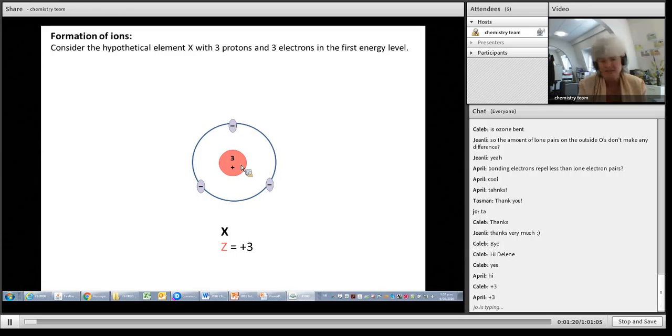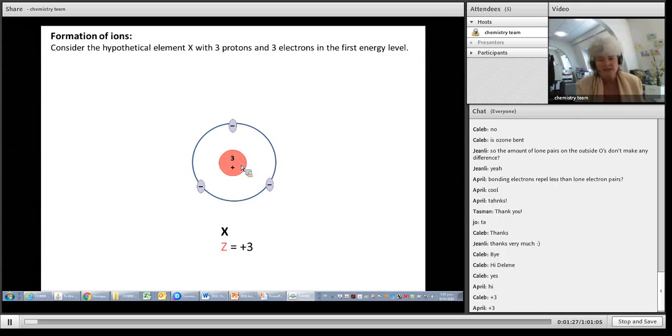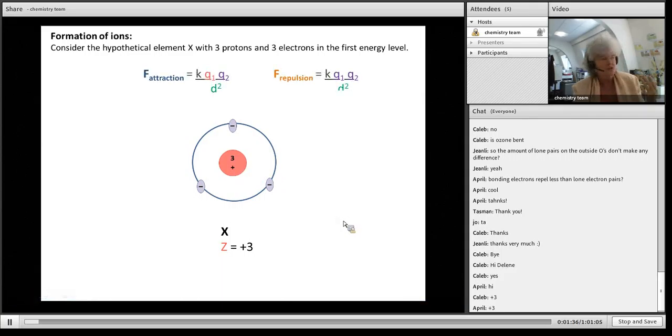plus 3, correct. And because I don't have any inner energy levels, there's no shielding, so that is the charge in the nucleus which is going to be attracting my electrons. So what I've got up here is, because I didn't really deal with the repulsion side, which is important to think of when you're working with the size of ions.